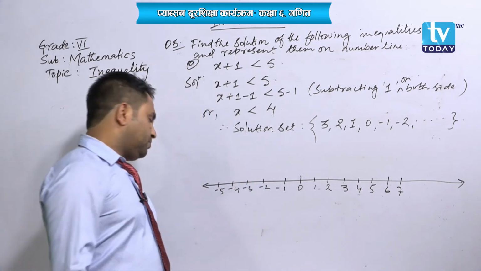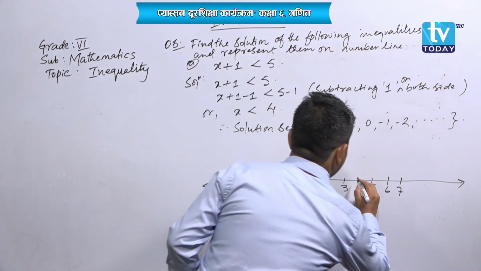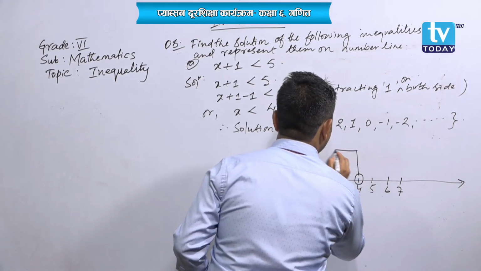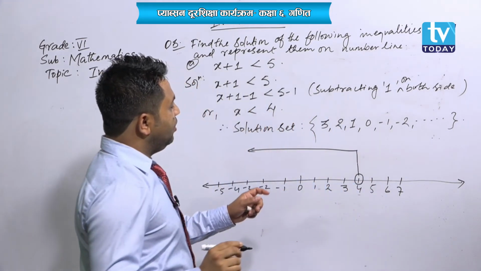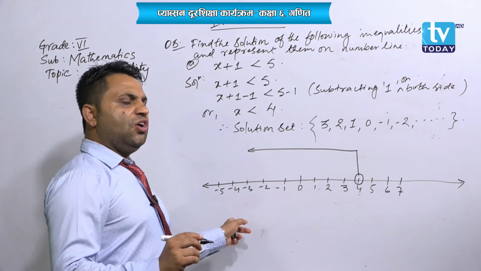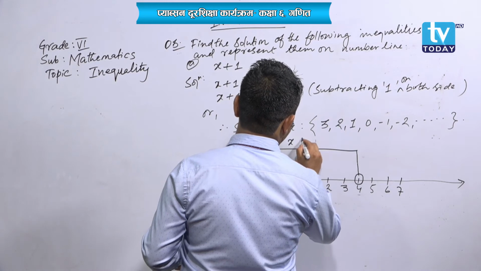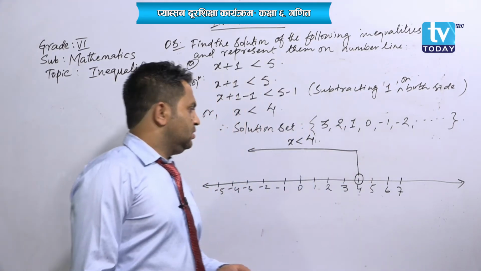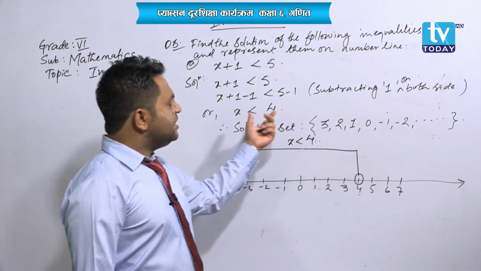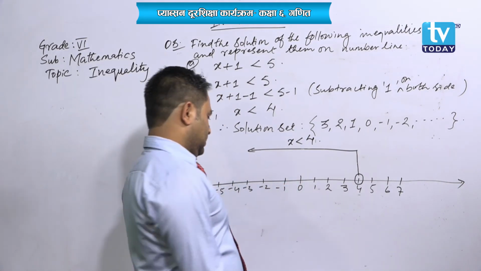Then the value of x is less than 4, so empty circle, because all these values 3, 2, 1, 0, minus 1, minus 2, minus 3 are less than 4. So you can write here x is less than 4. Is that clear? This is the solution set, and we are representing it in number line.